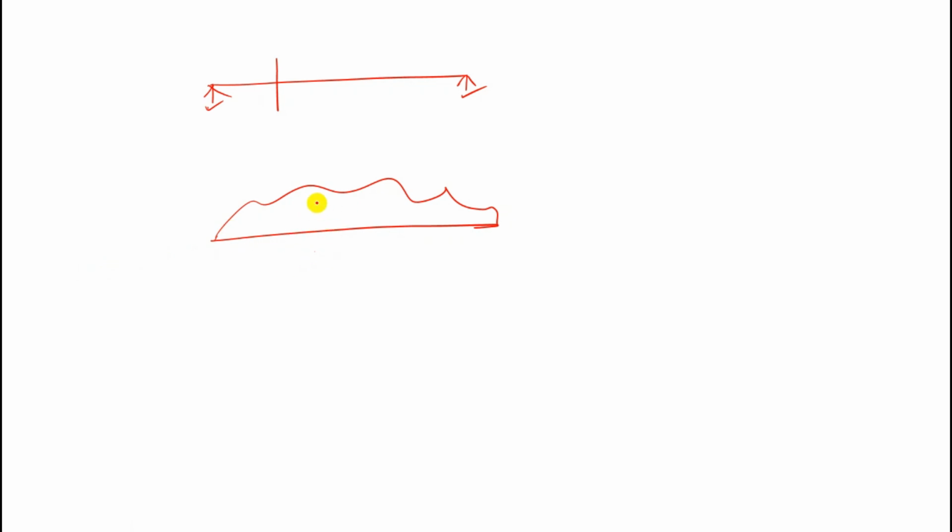So suppose this is the diagram for shear force. So we have to write this is the ILD for shear force only. Okay, and this is also for this particular section.